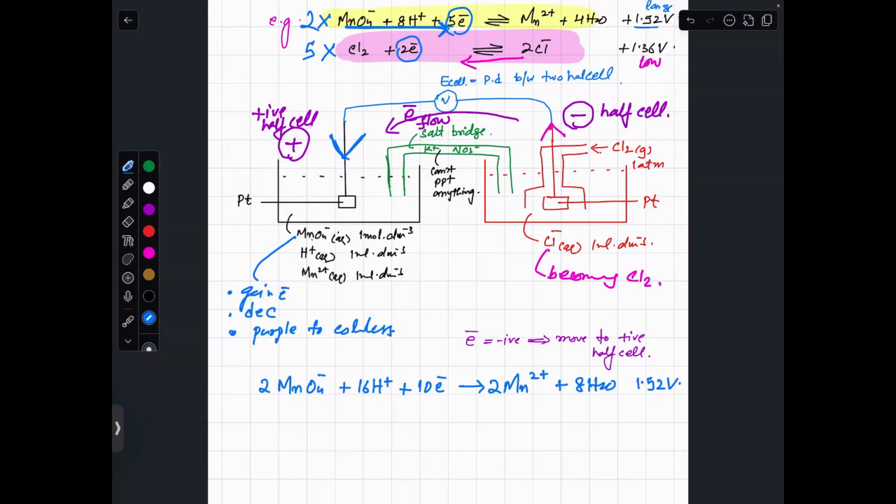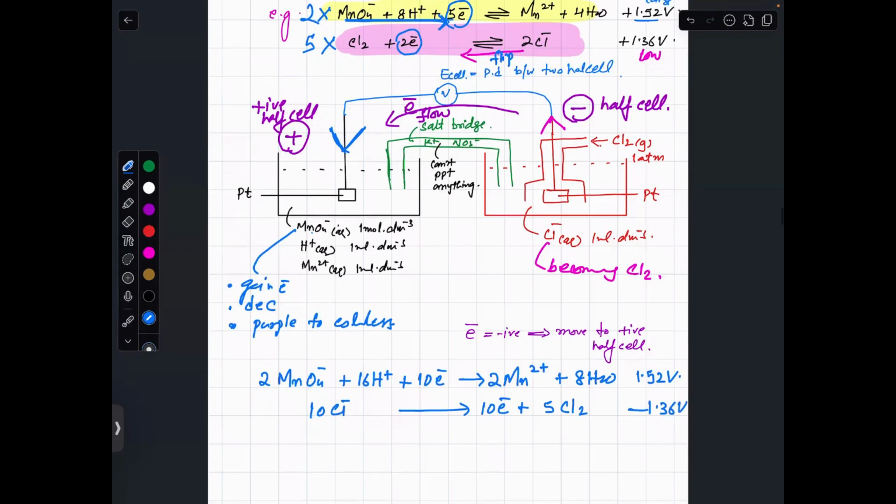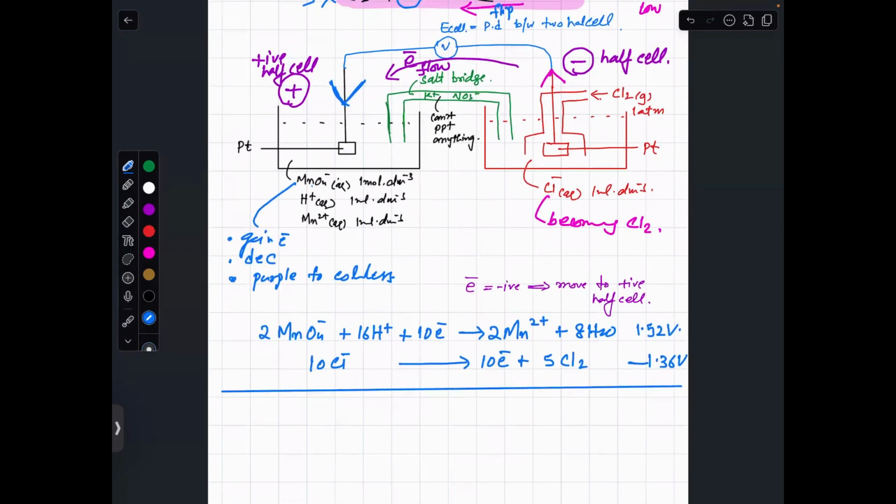And this one is flipped. Multiplied by 5, so 10 chloride losing 10 electron gives 5Cl2, and its sign is flipped. So what is the overall equation? The electrons are cancelled. 2MnO4 minus plus 16H plus plus 10 chloride gives 2Mn2 plus plus 8 water plus 5Cl2.